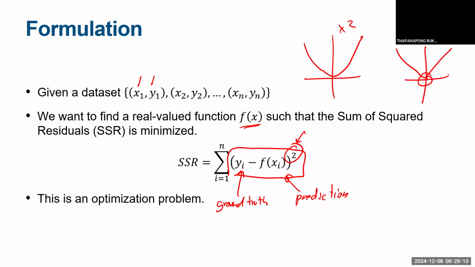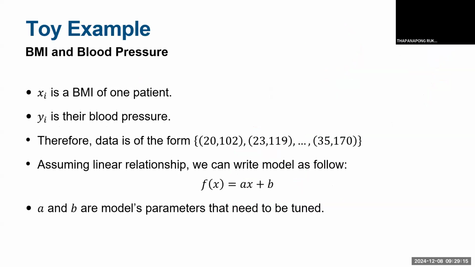But for us, we want to find a linear function. So for a linear function, we have a function of this form, ax plus b. So a is not a variable, a is a parameter, b is also a parameter. So a is basically the slope, and then b is the intercept.